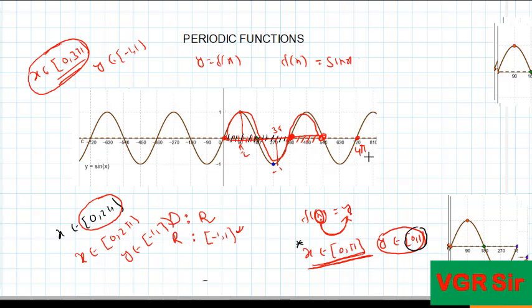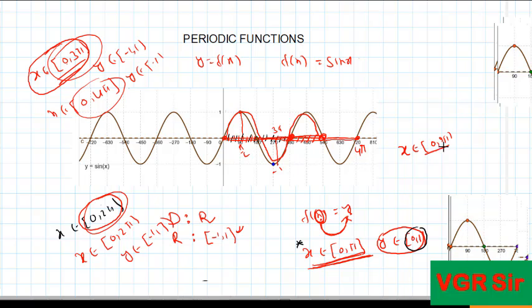If the length is taken as 4 pi, here also you will get all y values from -1 to 1 only. So I can take 0 to 4 pi also, no problem. But among 0 to 2 pi, 0 to 3 pi, 0 to 4 pi, which one is least? 0 to 2 pi is the least. That means we want to choose a positive interval on the x-axis.